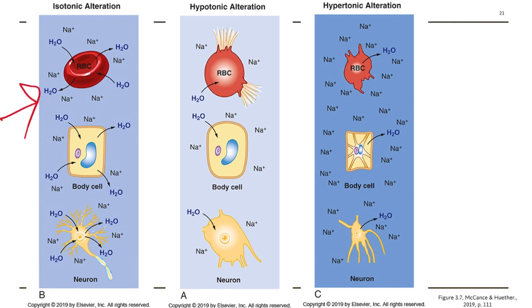Remember earlier we talked about hypotonic meaning we have a low tonicity in the extracellular space. So we're going to look at all this blue area here as your extracellular space. So what's going to happen?